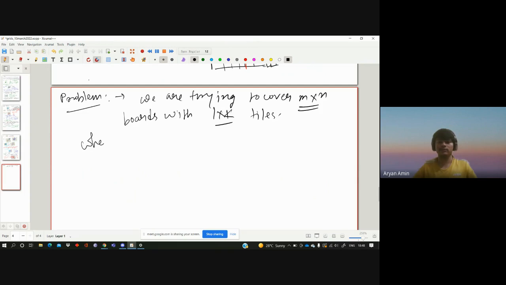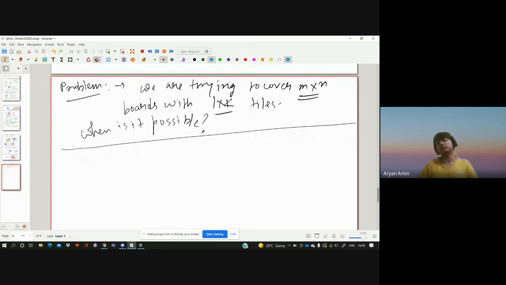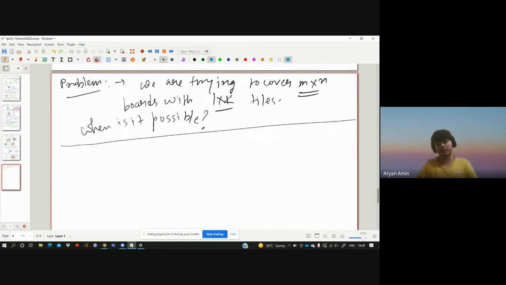When is it possible? So this is a new problem. We are trying to cover m cross n boards with 1 cross k tiles. When is it possible?